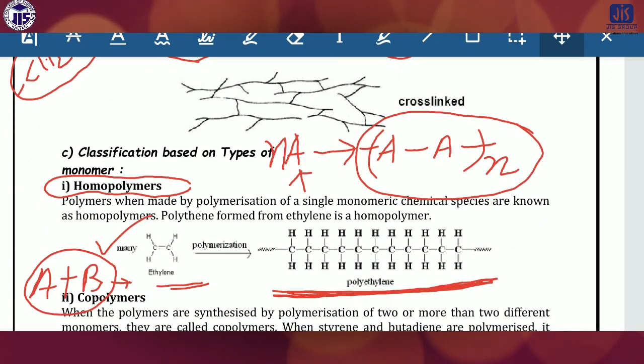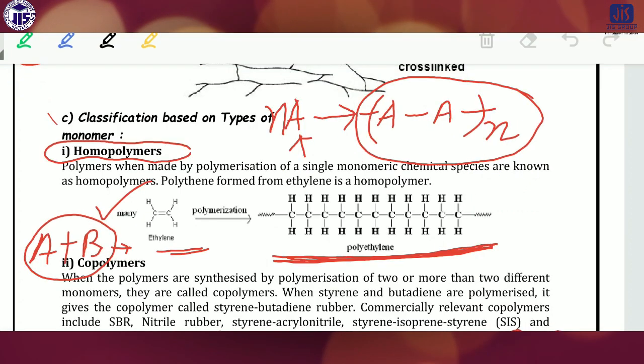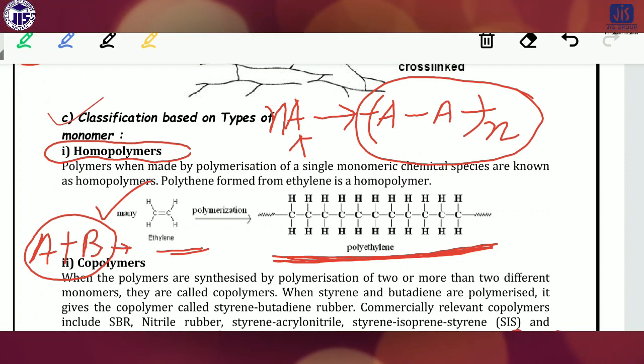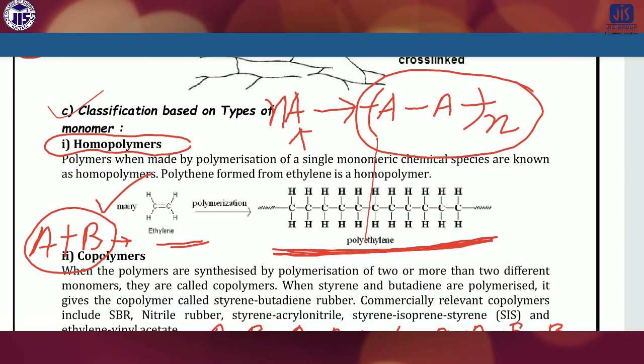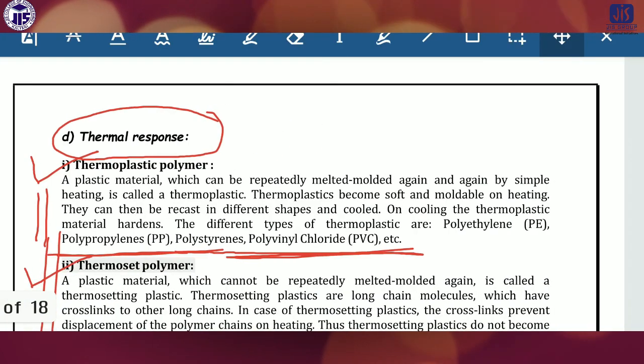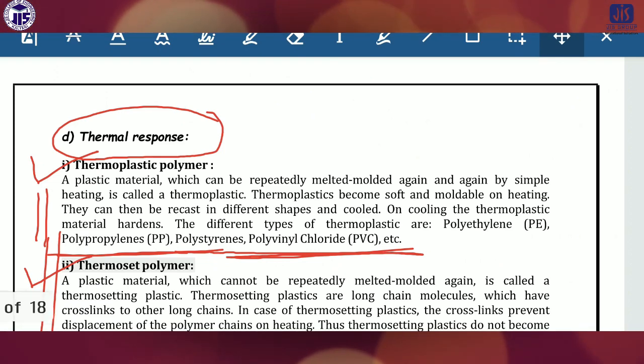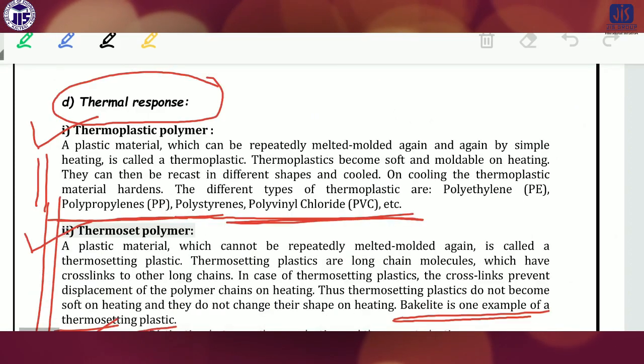Then third, you have to write down the classification based on the types of monomer. There is another category, homopolymer and copolymer. And fourth is depending on the thermal response.